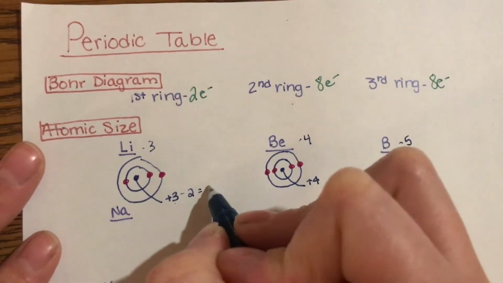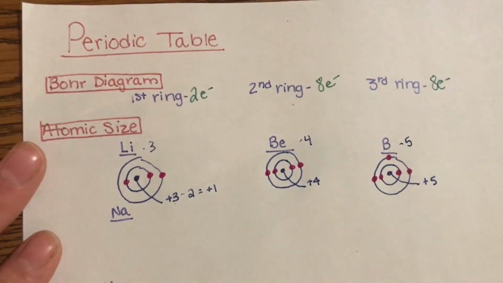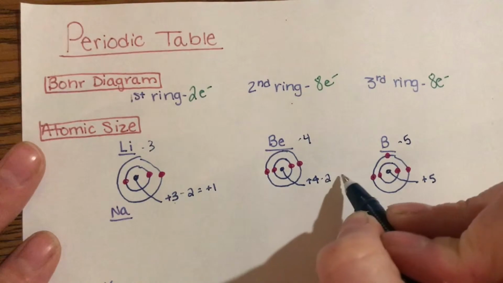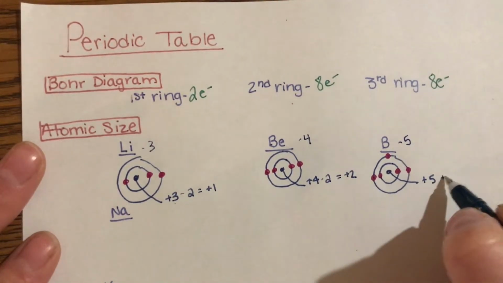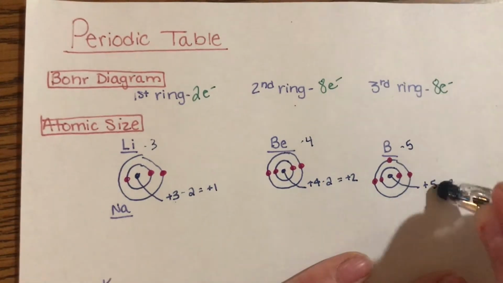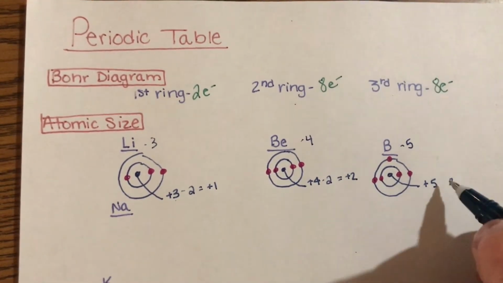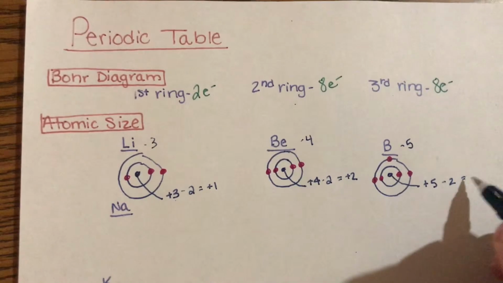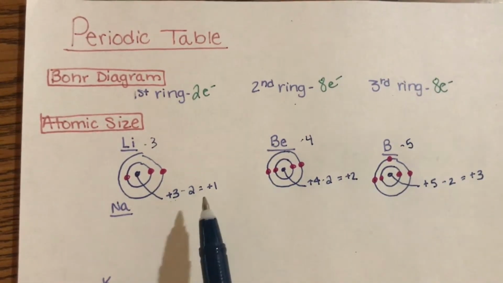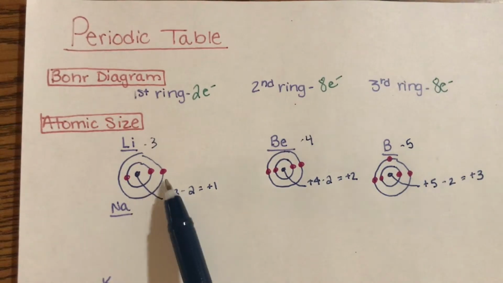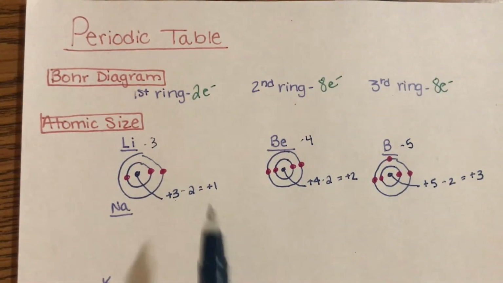So the outer ring only feels a +1 for lithium. Here, for beryllium, it only feels a +2 charge from the nucleus. And here, it only feels a +3 charge from the nucleus. So as we go across, the charge that the electrons in the outer ring feel from the nucleus increases.